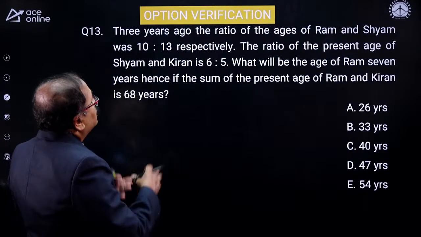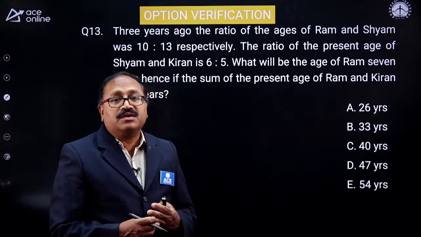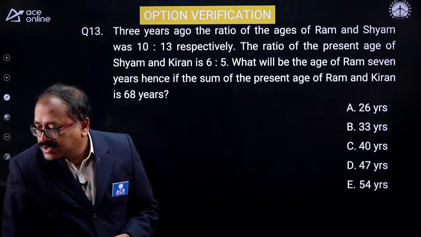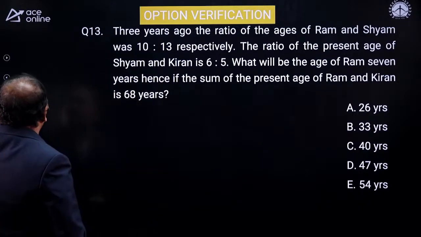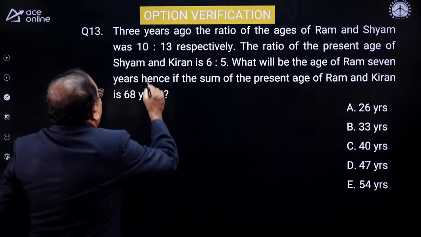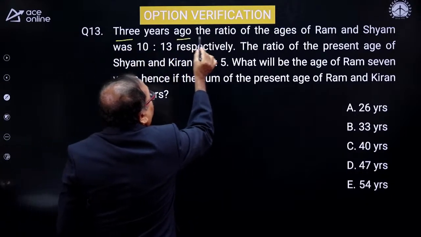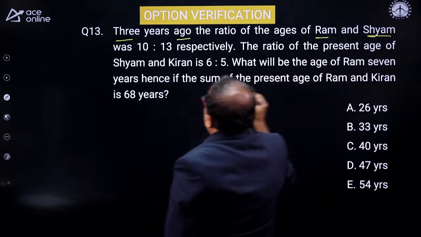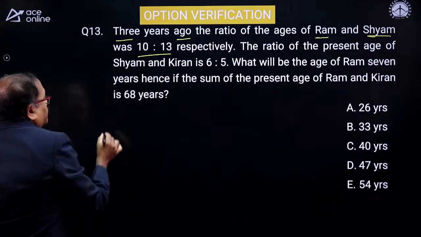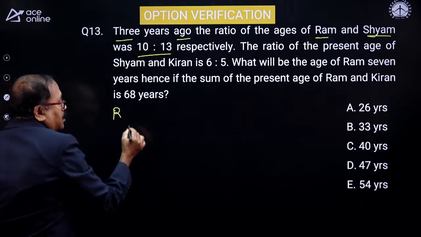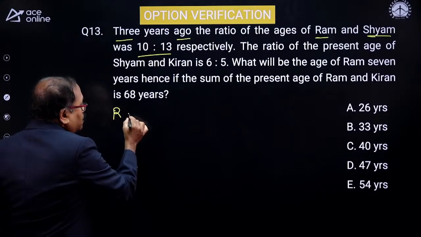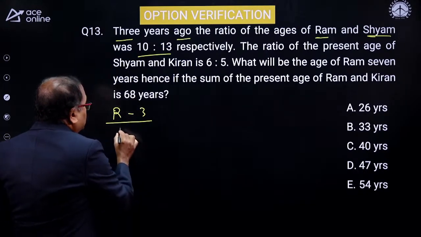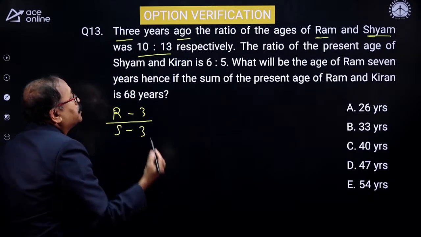Now, the next one. Here, sometimes we need to take the help of the options to answer the question. See what type of question it is and how we take the help of the options to answer the question. Here, 3 years ago, the ratio of the ages of Ram and Shyam is 10:13. So Ram's age if R, 3 years ago R minus 3, by Shyam's S minus 3.